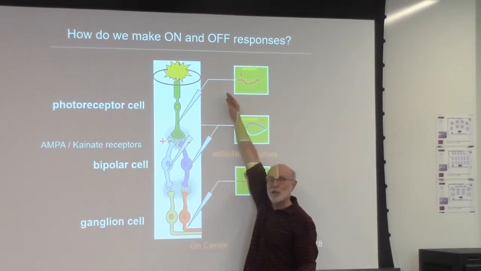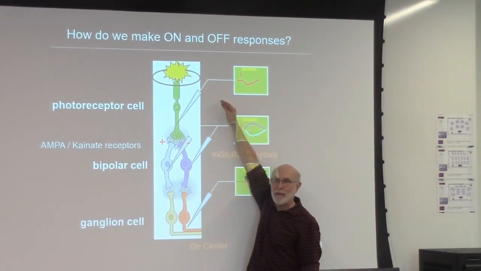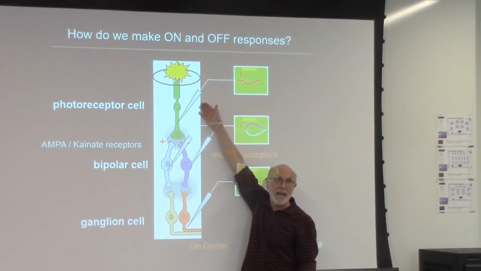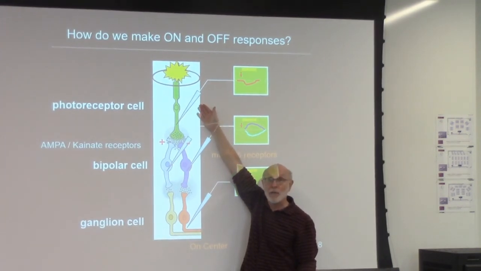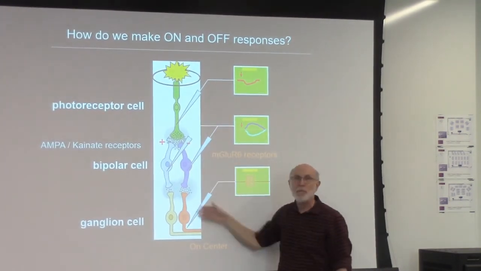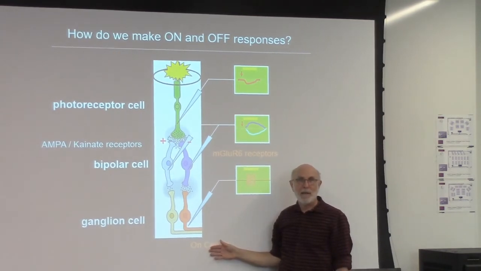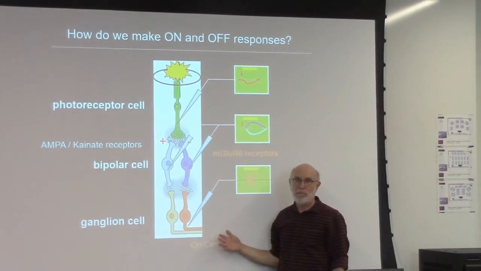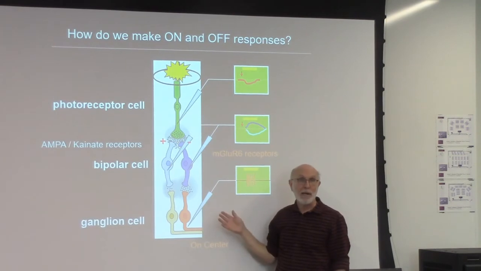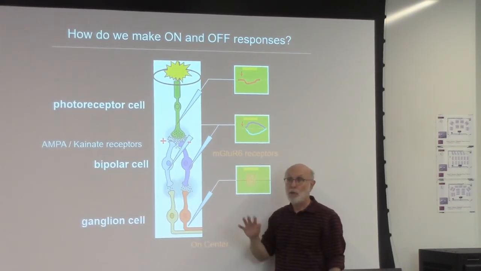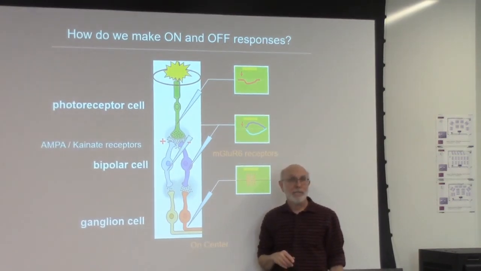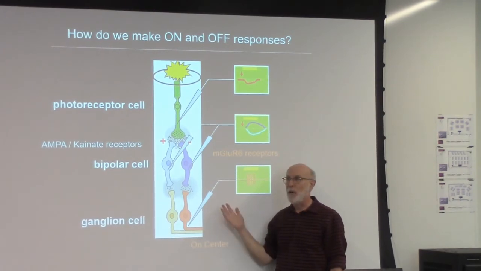So we put the nutritive layer away from the light, then the light detecting cells that need to be in contact with the nutrient layer, and then all these processing cells in order to process information in the retina. You could come up with a better system, but this is how we evolved.